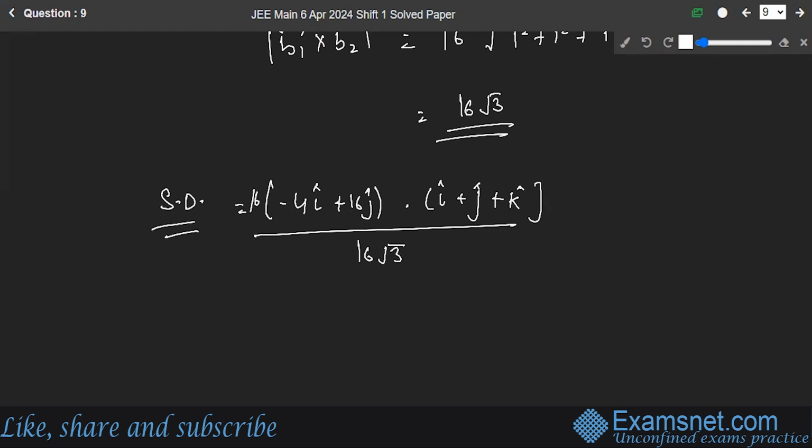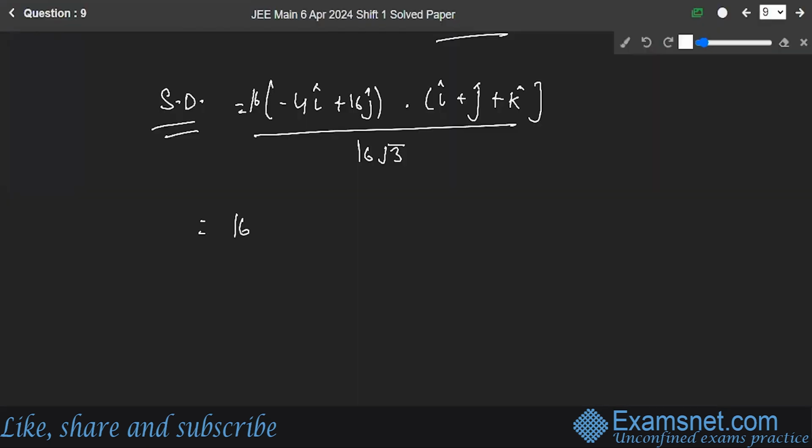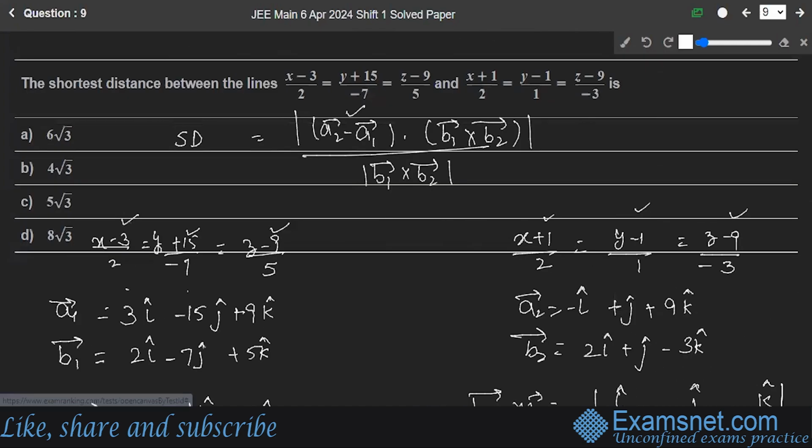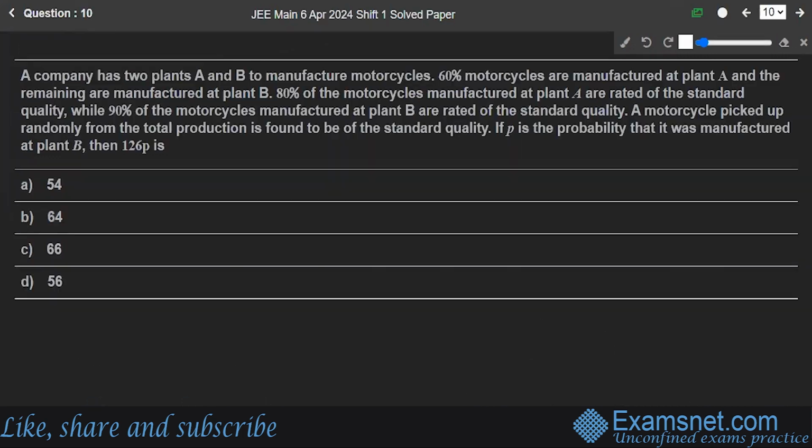Right. So this is equal to 16 minus 4 plus 16 upon 16 root 3. So this will be 12 upon root 3, or 4 root 3. This will be the answer to the question. You have the option. Hope you got that. Let's move to the next question.